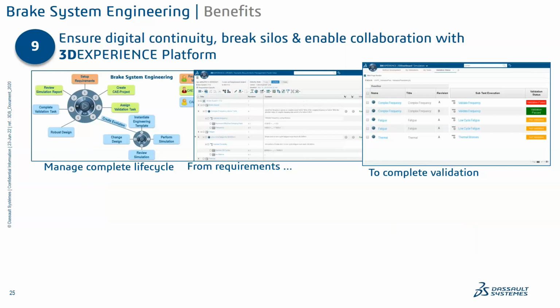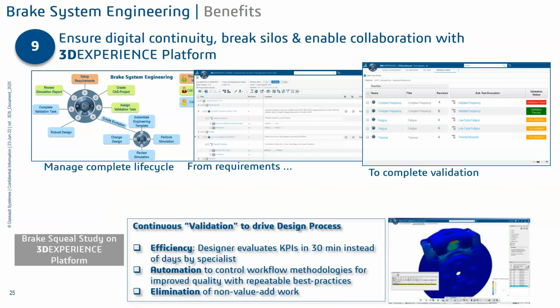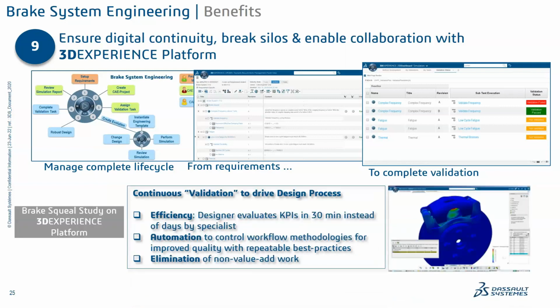In a particular customer example here, of a brake squeal study on the platform, the design validation can be efficiently and significantly increased by eliminating all the non-value-adding tasks and implementing automated workflows. Through this, you can also automate certain processes, and accordingly you can define the KPIs.